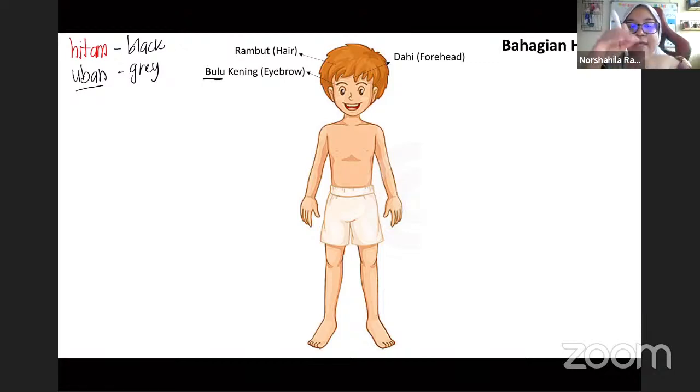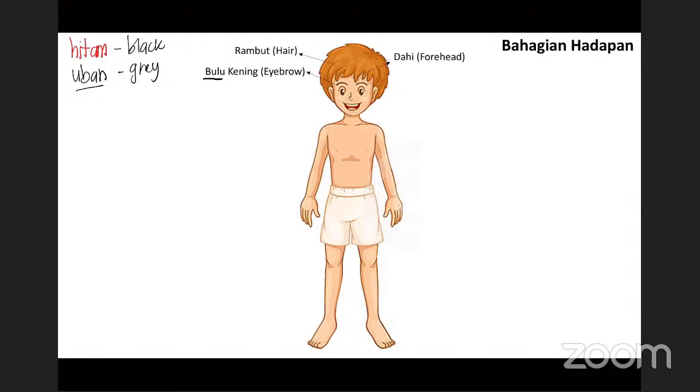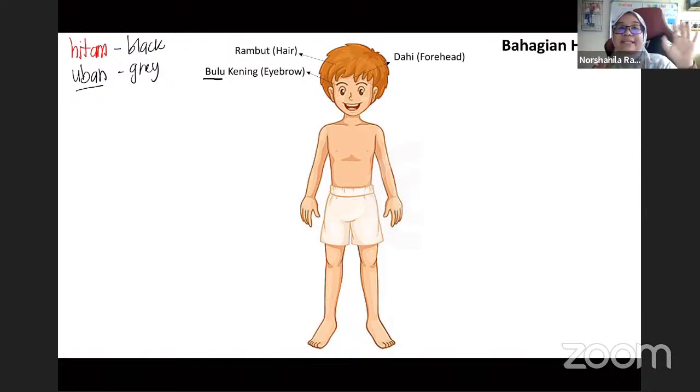For example, around the hand area or the chest area. This is the eyebrow, and this is the eyelashes. The eyelashes also have small hair. For everything like that, we start with bulu, because it's a little bit hairy, but not really like our rambut.